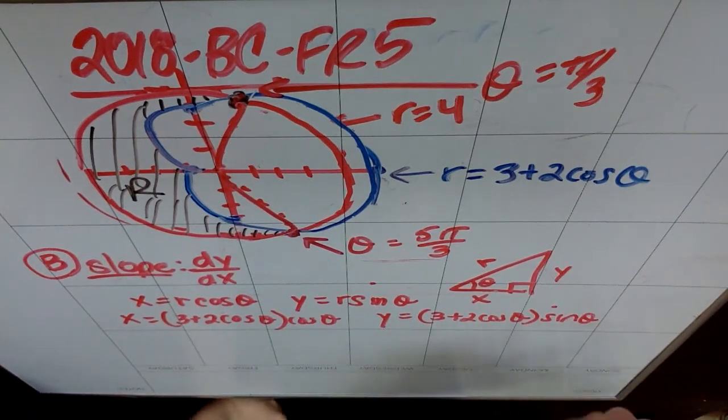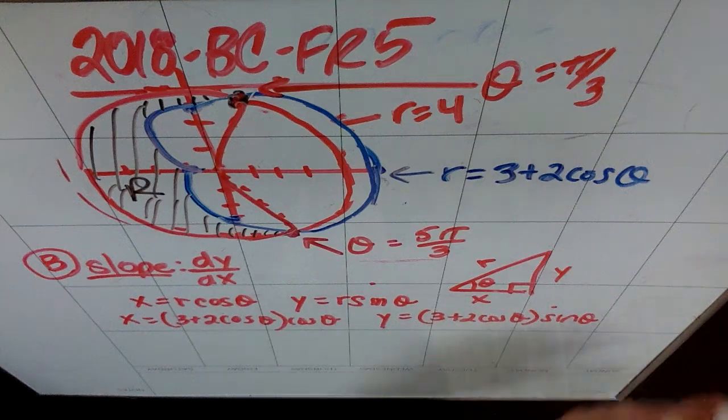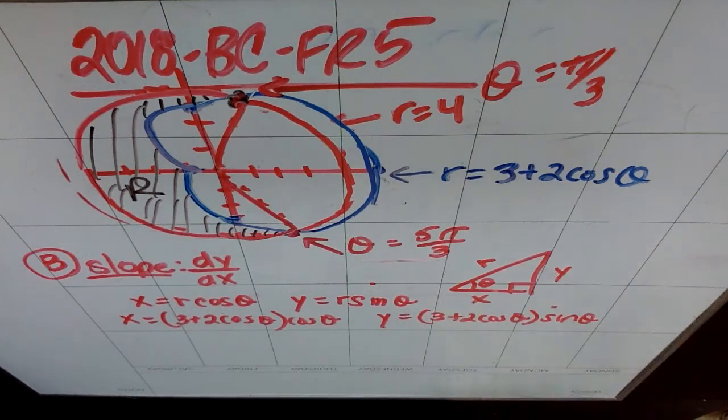So when I go to do my x prime on top of my y prime, I need to derive, and there's a couple different ways you can do this. One way you'll sometimes see people do this is they'll find dr in advance, and that's one of the things that the AP chose to do because it can make your life a little bit easier. When you derive this, it's going to be a product rule.